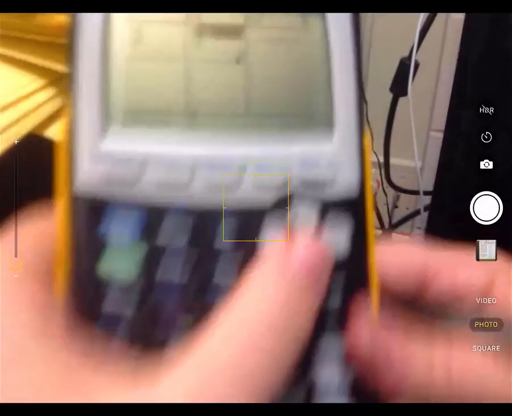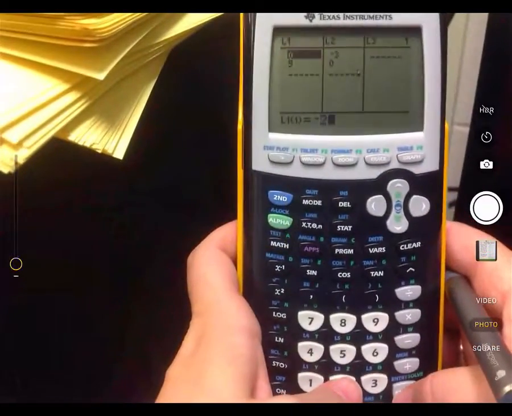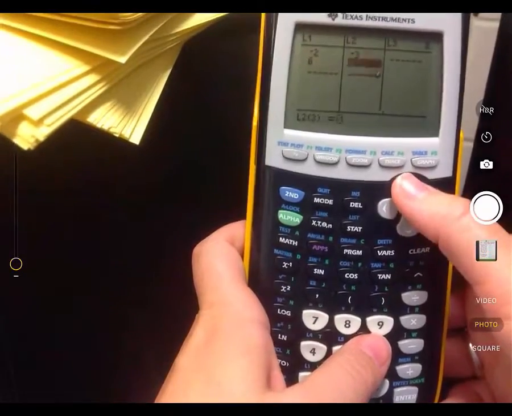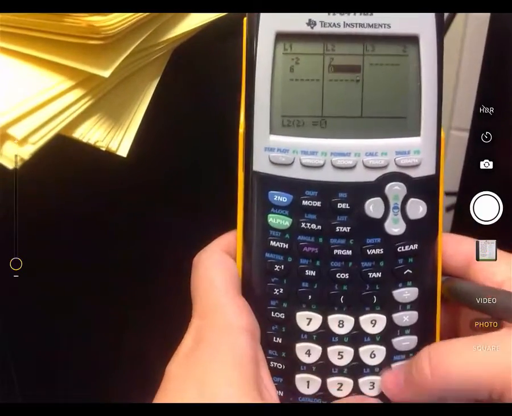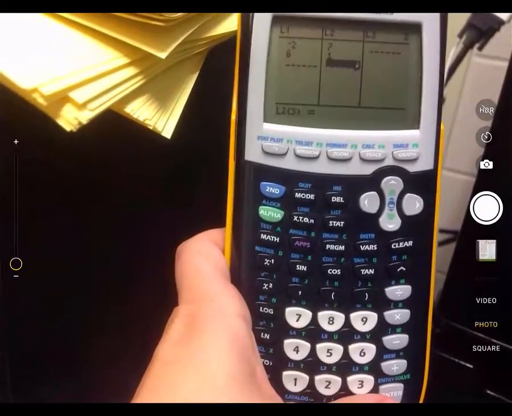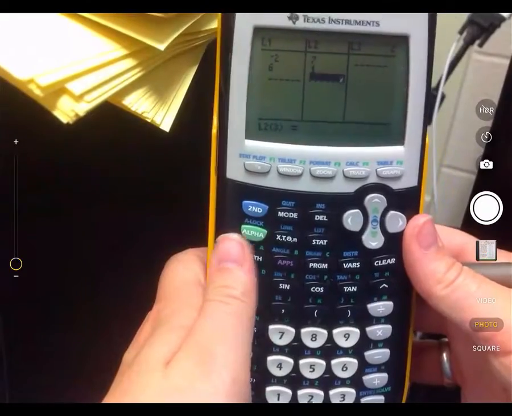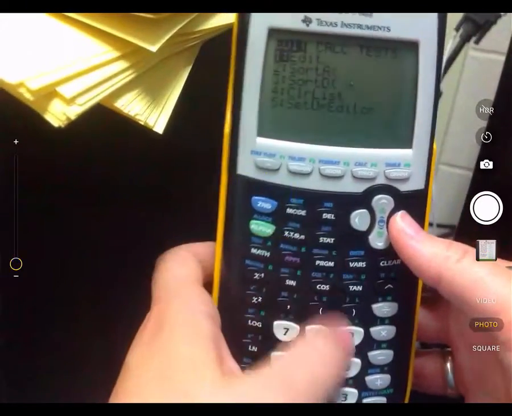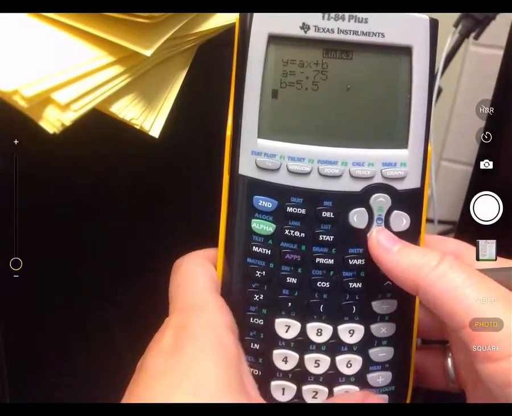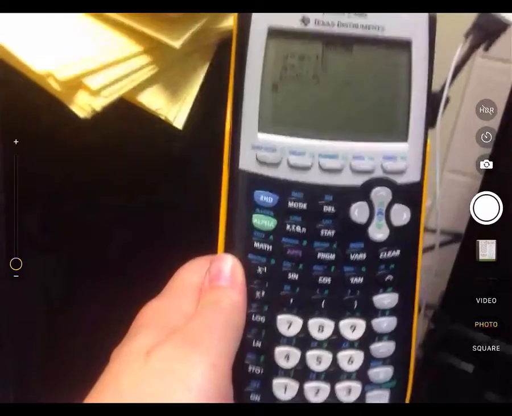So here, because I have 2 points, I could just type negative 2, enter, 6, enter, and just type over it. 7, enter, 1, enter. So I've put my points in L1 and L2. I click stat, calc, 4, scroll all the way down to calculate, and I get negative 0.75 and 5.5.